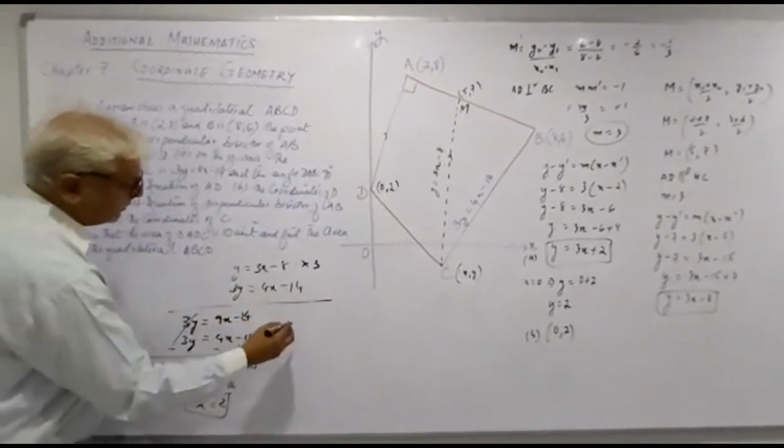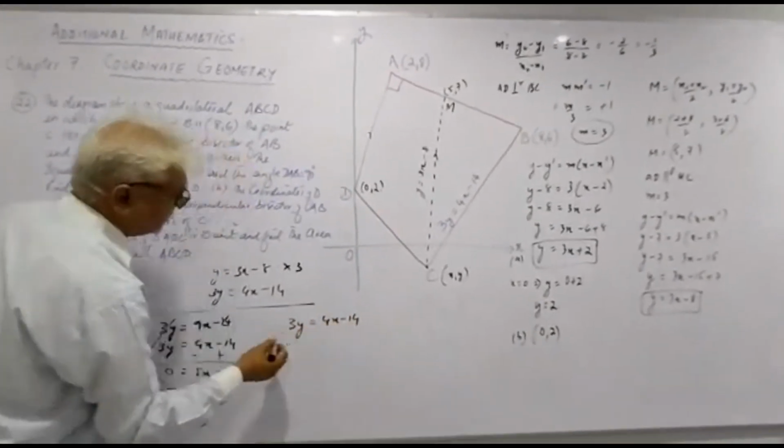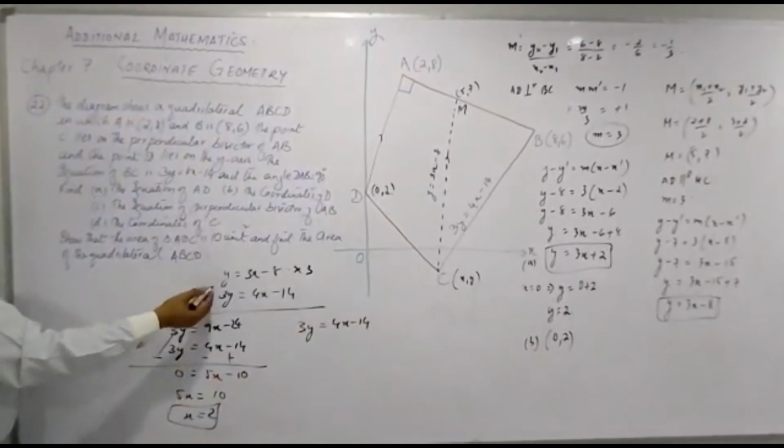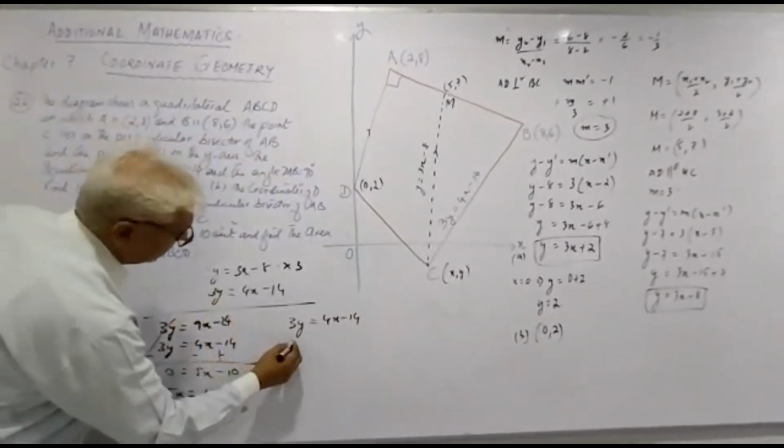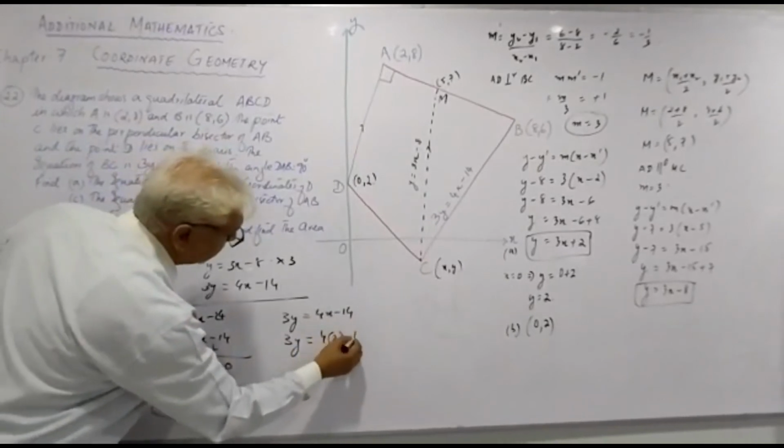What is y equal to? 3y = 4x - 14. Substitute the value of x = 2 in any one of the equations. I'm doing it in this equation. 3y = 4 times 2 - 14.